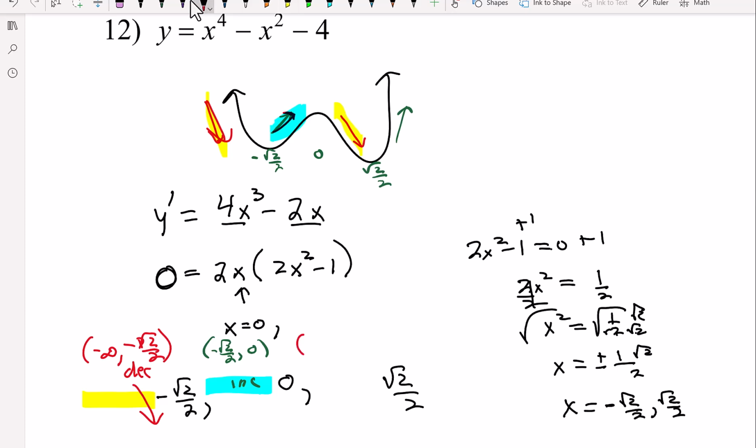So from 0 to positive root 2 over 2, we have decreasing. And then finally, the last interval, we're back to increasing. So from root 2 over 2 to positive infinity, we're increasing. All right, that's it for this one.